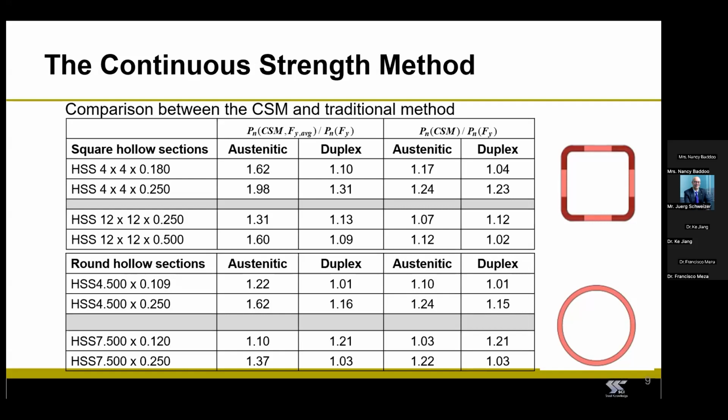So in this table, I'm comparing the cross-sectional resistance you would get for cold roll structural hollow section columns when using the CSM and when using the traditional method. For the case in which you're using the CSM, the resistances I'm showing here in this table were calculated using both the increased yield strength and the nominal yield strength.